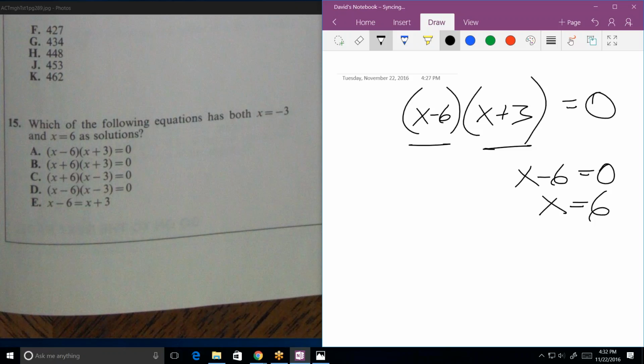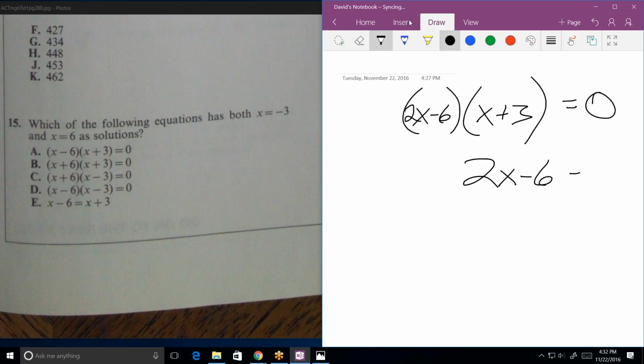The reason you can't just take the opposite sign is, what if I had that? In other words, if I had 2x minus 6, then the answer wouldn't be 6, it would be plus 3, because I would be setting 2x minus 6 equal to 0, and that produces x equal 3. So it's dangerous to just take that and change its sign. Okay.